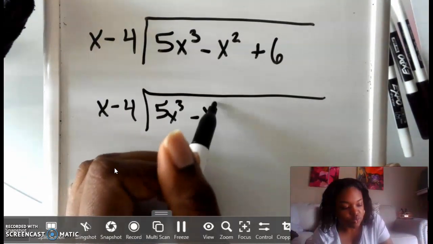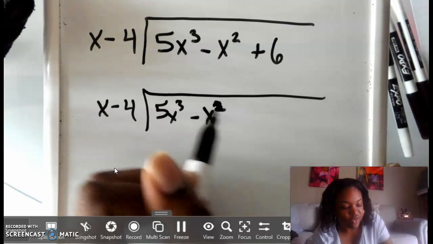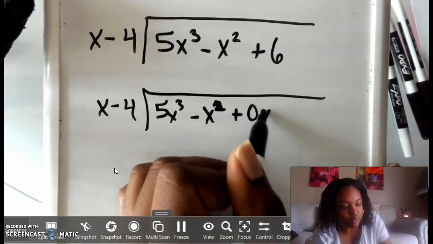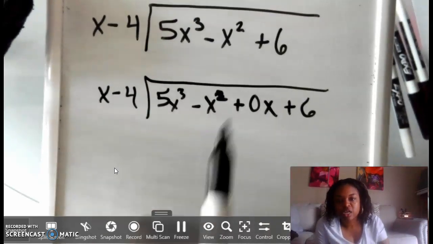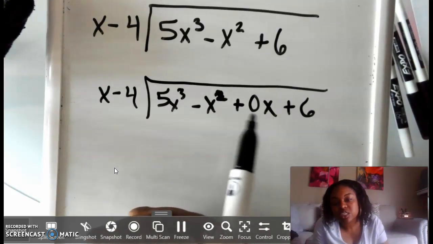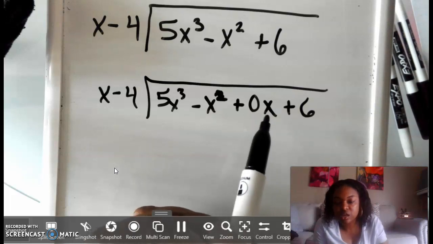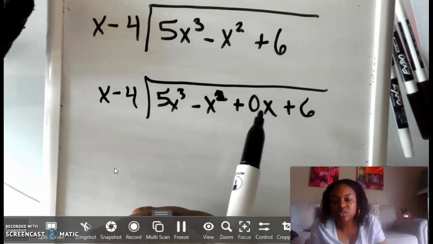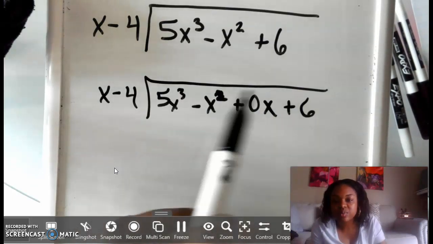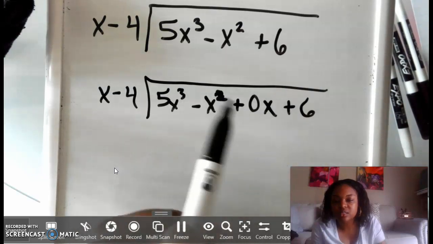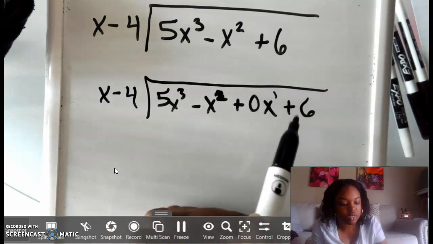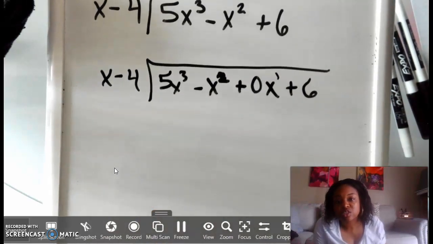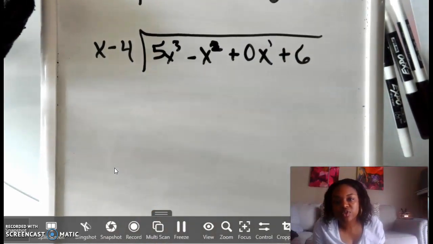So this is what we would consider kind of like an advanced polynomial division problem. So what happens is I use 0 for the missing term because I want to be able to say I have every term from largest exponent to constant. A cubed term, a square term, a single exponent of 1, and then a constant. So then I'm going to start the division process.